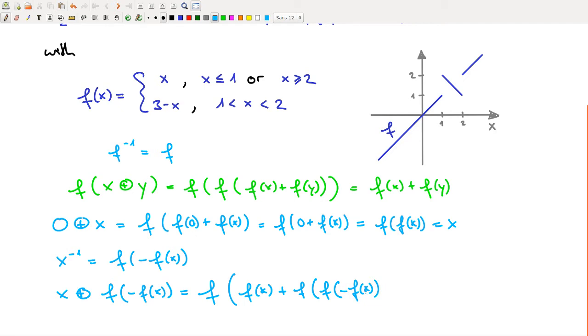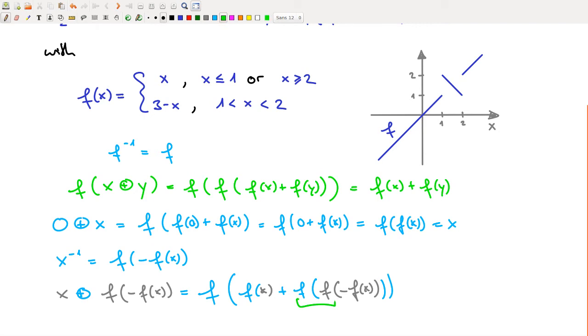So this x went here, and this f of minus f of x, that went here.